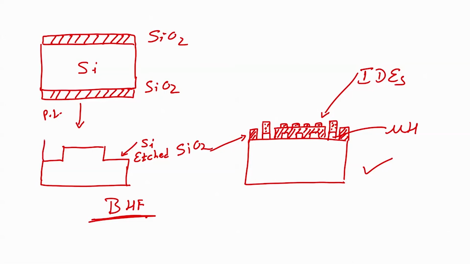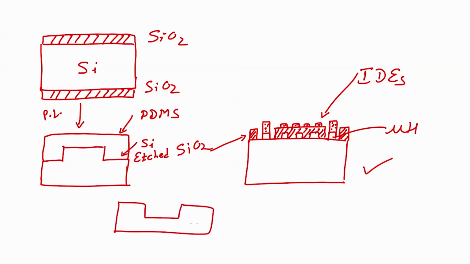On this I will pour PDMS and then cure it. After curing, we will strip it off. When I strip it off, this is my PDMS, right. If I strip this PDMS off the silicon after curing, I will have this PDMS.